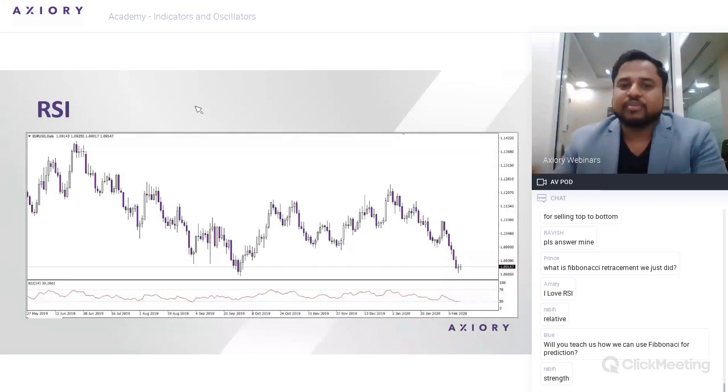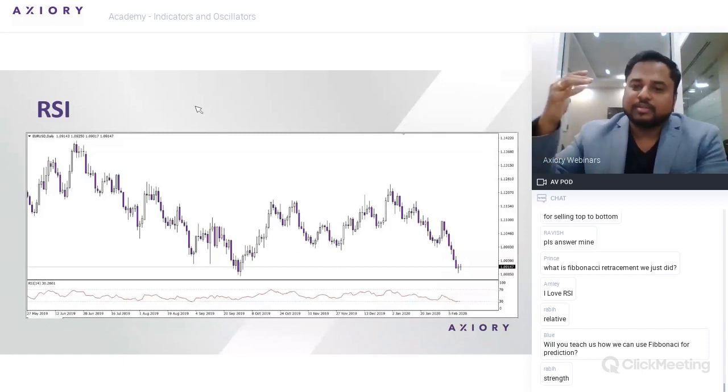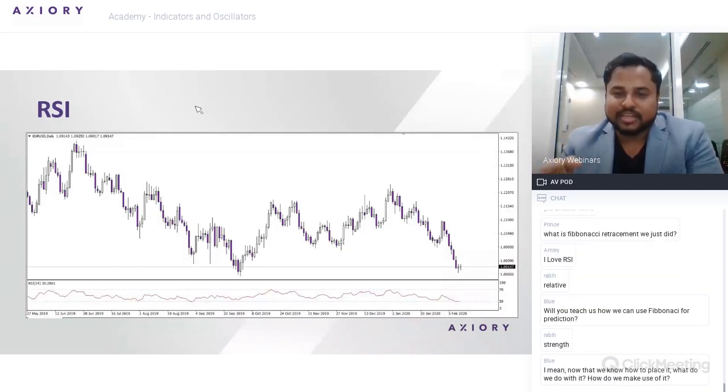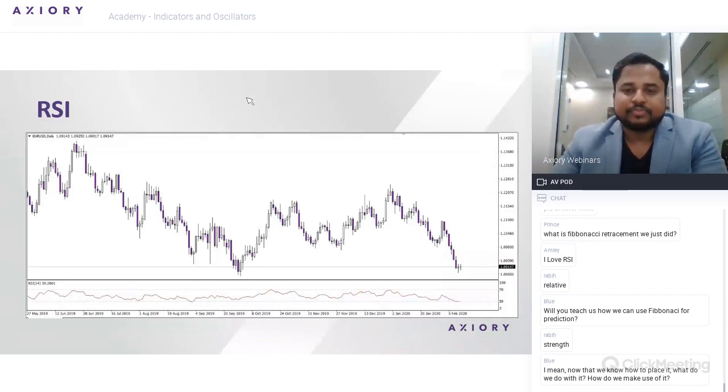And whatever we think is already overbought, the market can even push further up. But sometimes it nicely works. So you understand the phenomenon of RSI. Try to use it and customize it for your requirement.